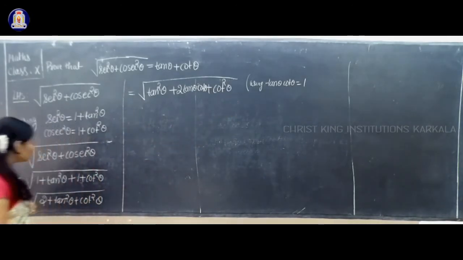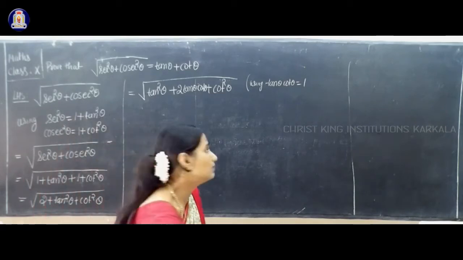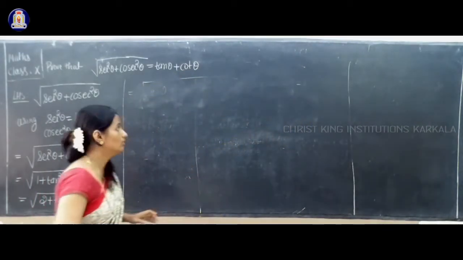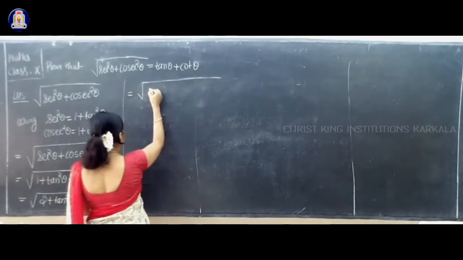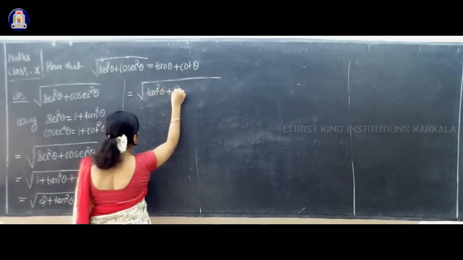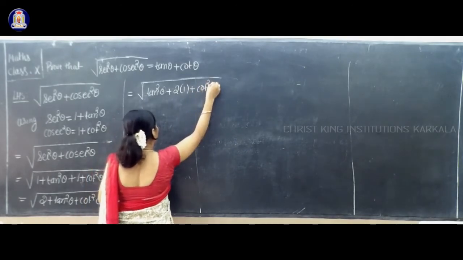Before that, I write one more step here. That is equal to tan square theta plus 2 into 1 plus cot square theta.